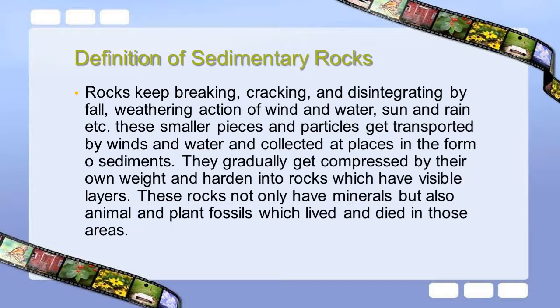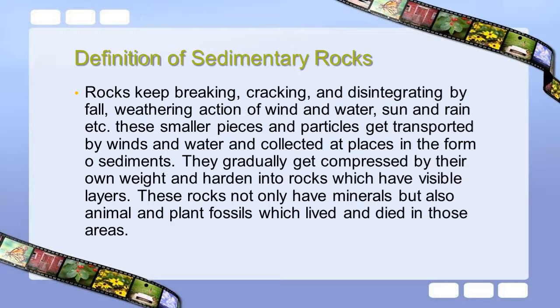The next is sedimentary rock. Now what are sedimentary rocks? Rocks keep breaking, cracking and disintegrating by the weathering action of the wind, water, rain, etc. These smaller pieces and particles get transported by the wind and water and they are collected at places in the form of sediments.